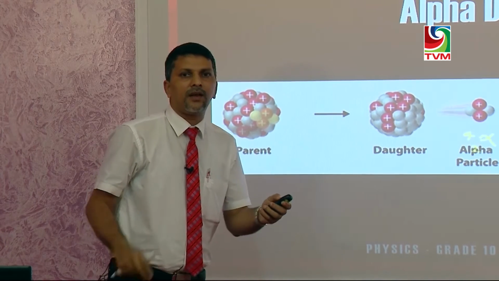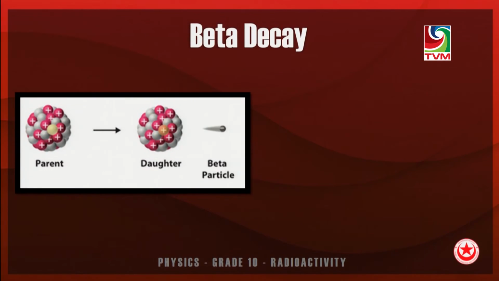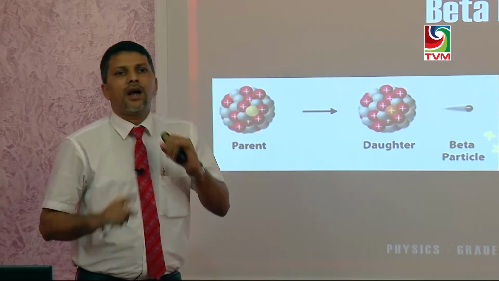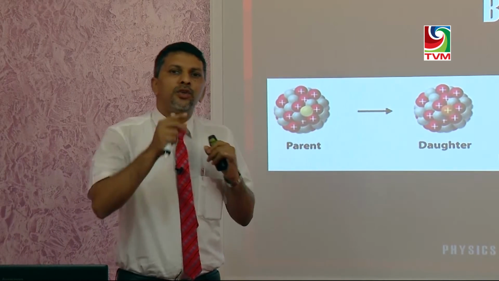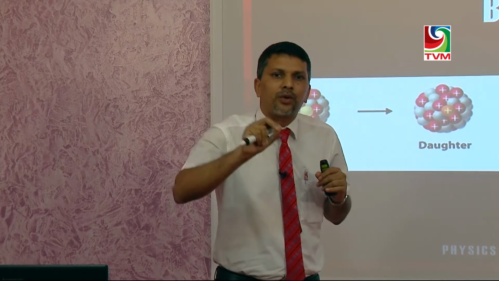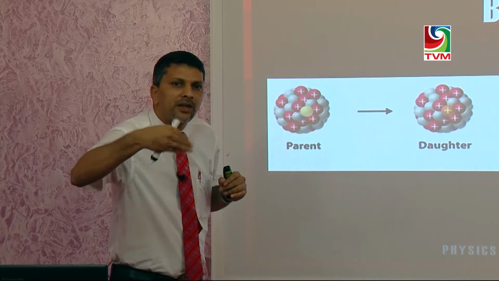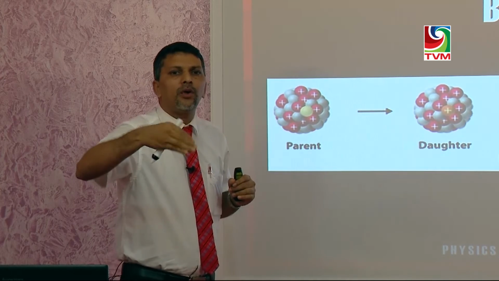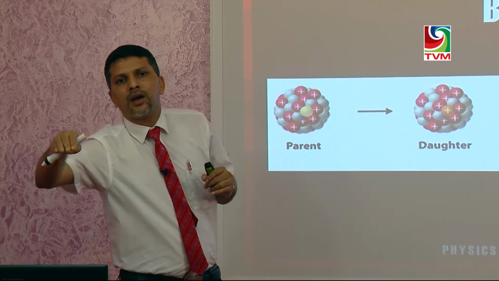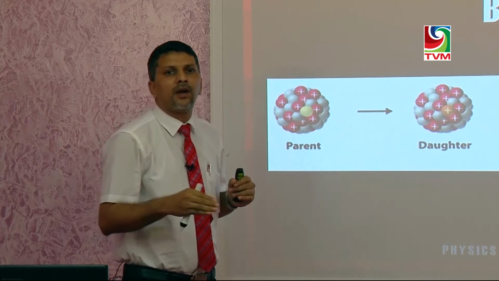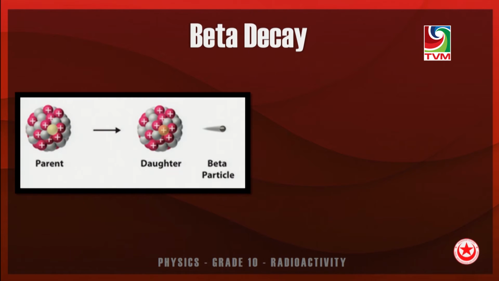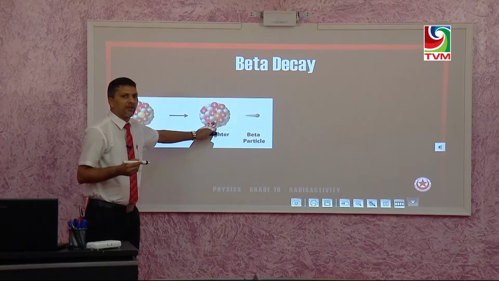Then next, beta decay. In the case of beta decay, when a beta decay occurs, the unstable nucleus contains too many neutrons, so it emits a beta particle and forms a new element. When a beta particle is emitted, what are the changes in the new element? We can check.